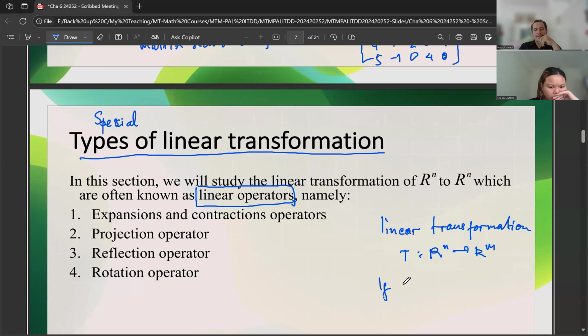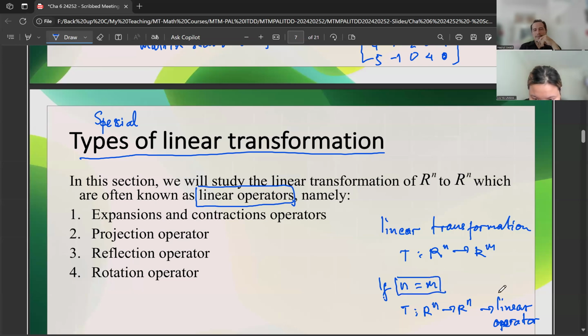If n is equal to m, so T from Rn to Rn is called a linear operator. So they have a special name. A linear transformation which has n equal to m is called a linear operator.